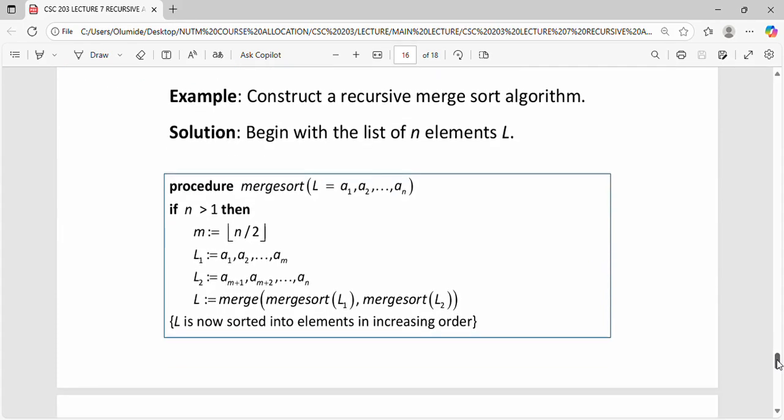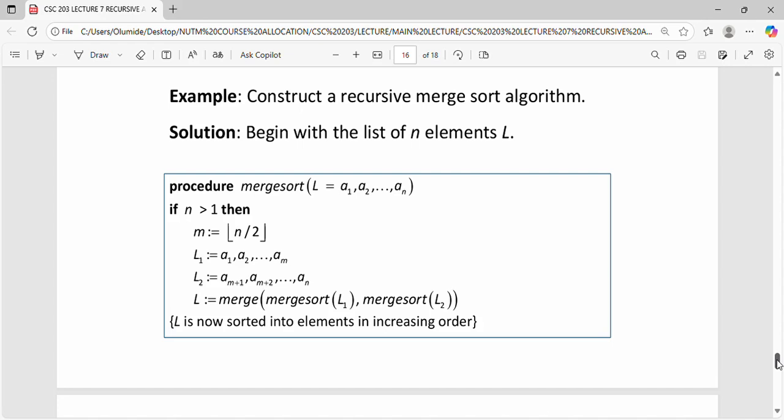Example: construct a recursive merge sort algorithm. We begin with a list of n elements L, that is procedure merge sort, L equal to A1, A2 up to AN. If n is greater than 1, then we now have floor of n over 2.